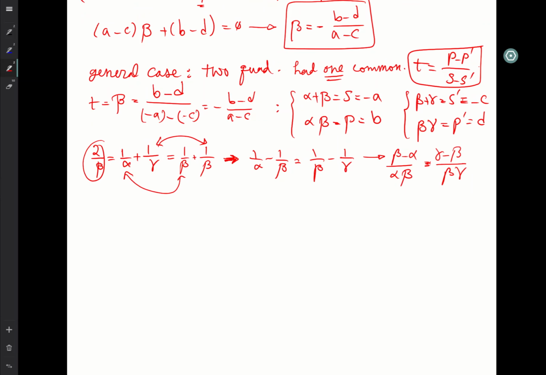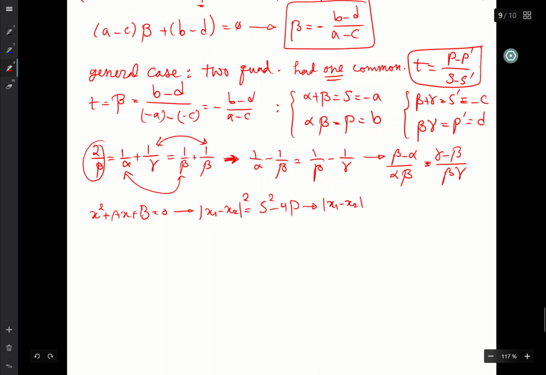The other thing was that if I have an equation x squared plus ax plus b equal to 0, then x1 minus x2, if I square it, is x1 squared plus x2 squared minus 2x1 x2, so it's basically s squared minus 4p. So x1 minus x2 is the square root of s squared minus 4p.